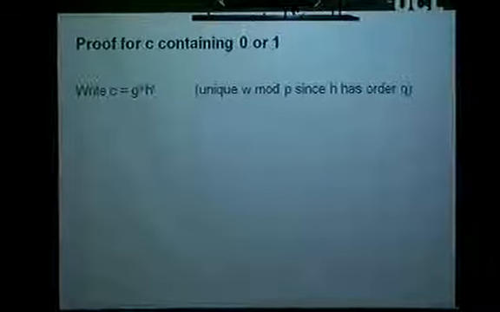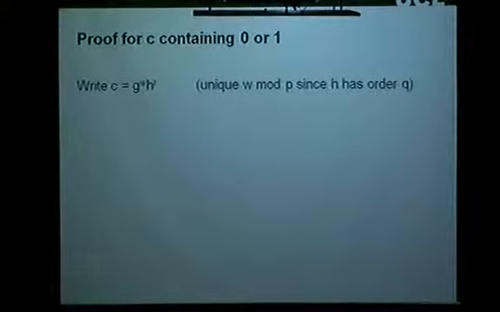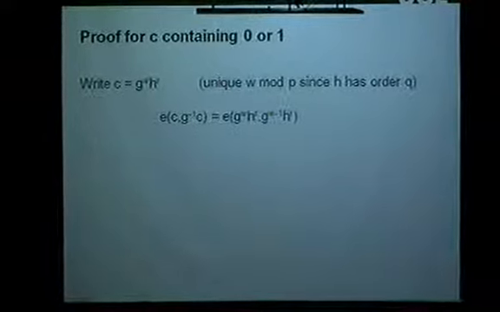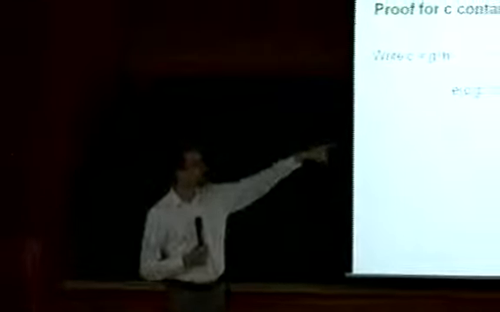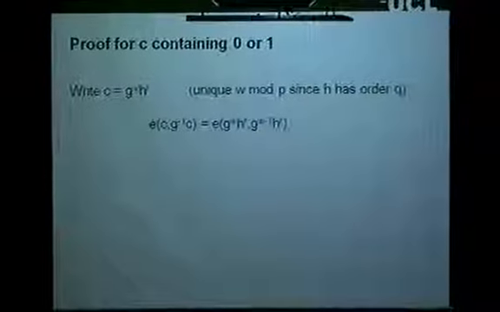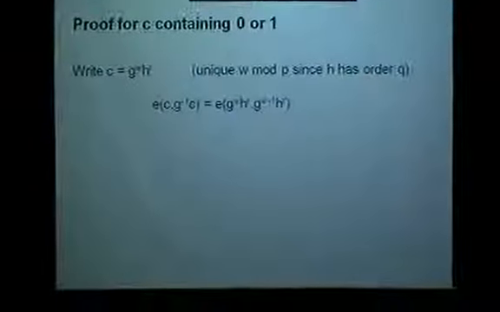The verifier obviously doesn't know what w is, but it knows that there's some uniquely defined w inside the commitment. And if we do some computations, we look at this pairing of the commitment with the commitment divided by g. By the additive homomorphic property, the first one is a commitment to w, the other one is a commitment to w minus 1.